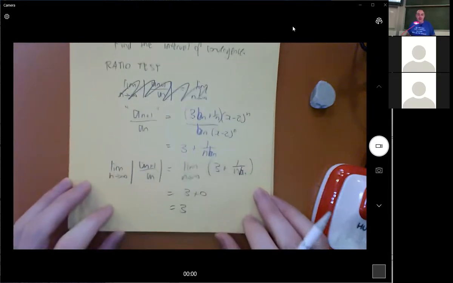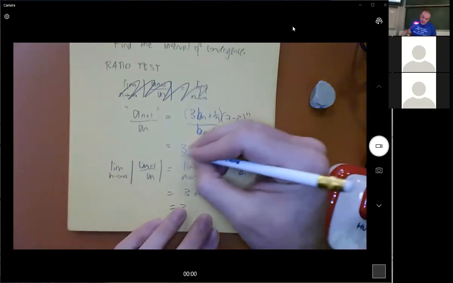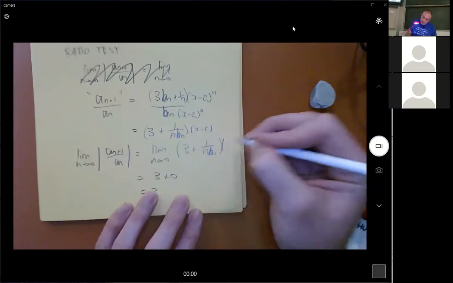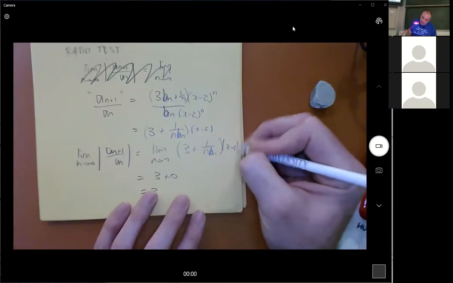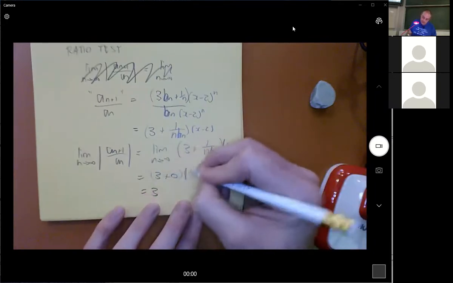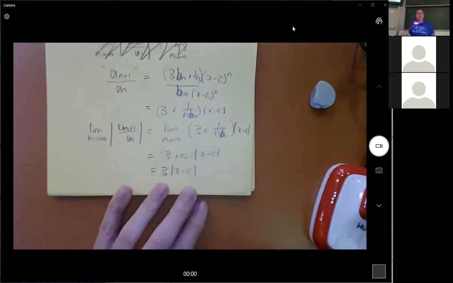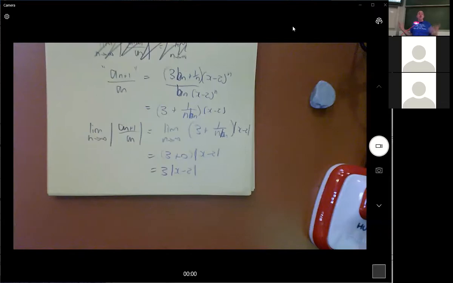Okay. And so we get this times the absolute value of x minus 2. So I get this. And neatly, the recurrence relation just went away because I divided one term by the one before it.